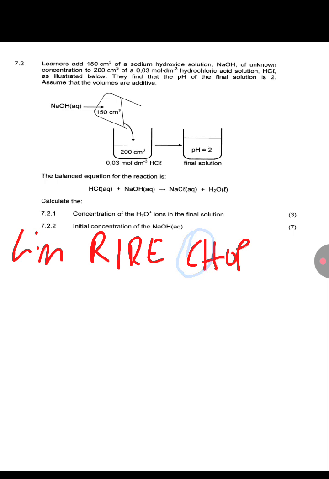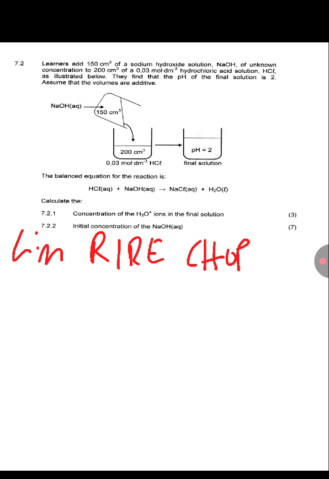Now, remember, the reason we are using the pH of the acid is because the pH is less than 7, which means this pH is the pH of the acid, and the acid was in excess, right? The reactant that is in excess is the one that determines the pH of the solution.